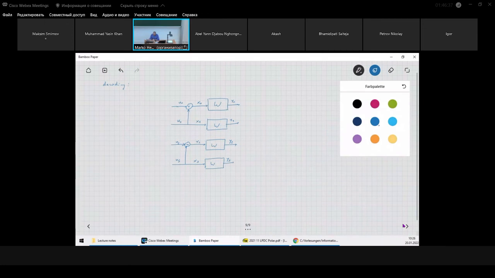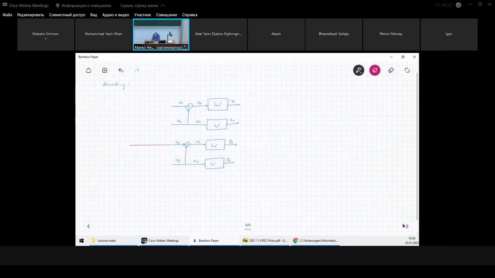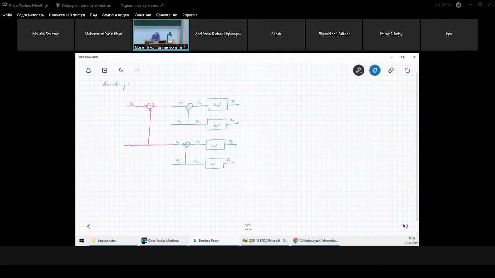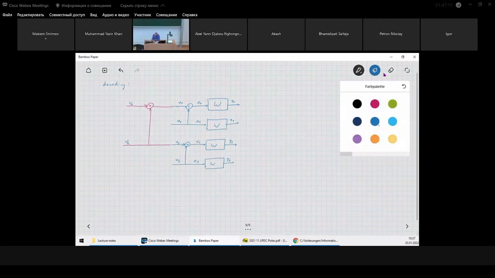Here we are then again applying our precoding.